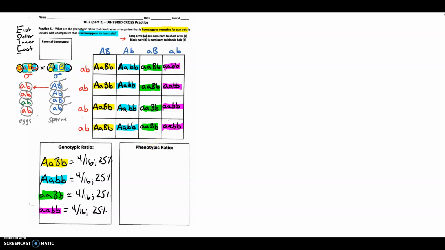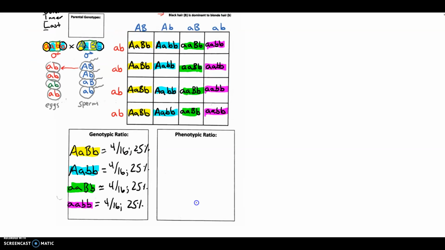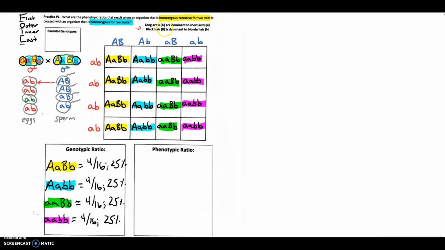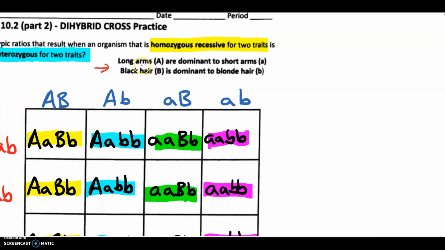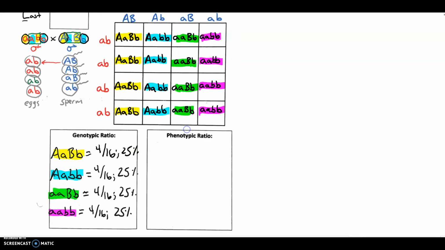So there's going to be 4 possibilities here, and now we go back to our key to figure this out. We know that the dominant A is long arms and the recessive is short arms. So this first one here is going to be long arms and black hair.